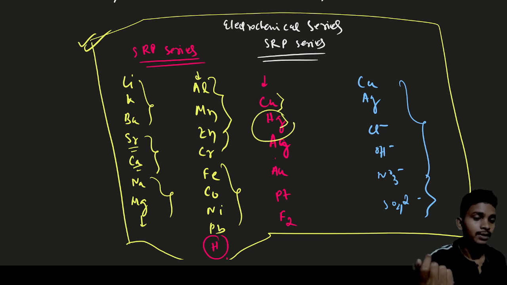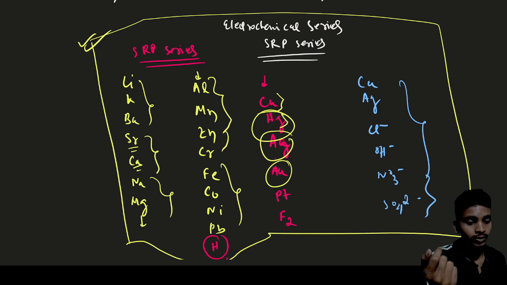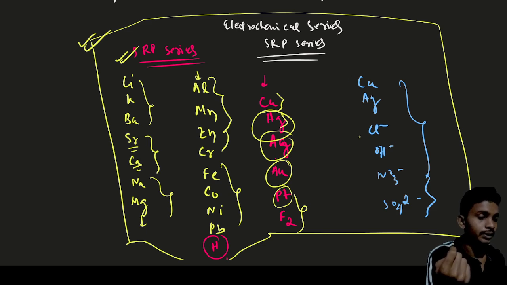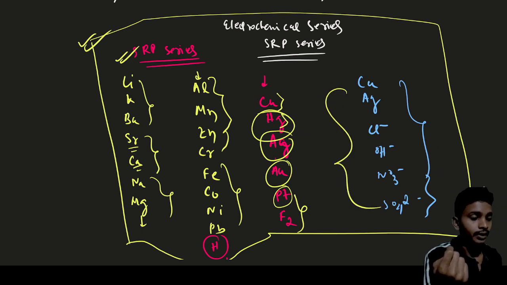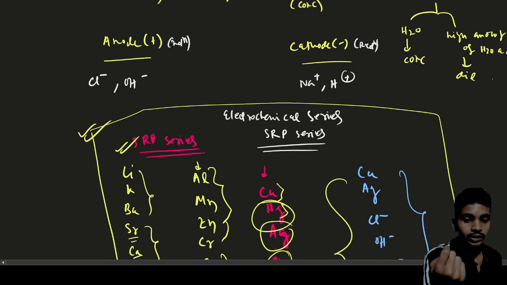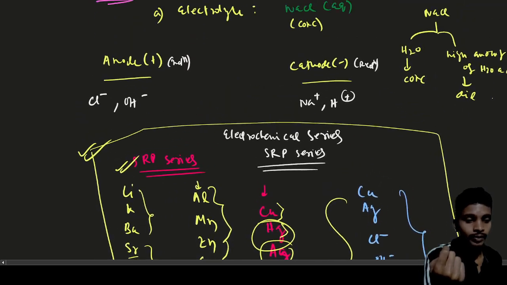After that this Hg will come, and then silver, gold. Silver is less price, after that gold, then platinum, then F2. So like this we can remember the electrochemical series. And for ions, copper, Ag, Cl minus, OH minus, NO3 minus, SO4 minus, these we have to remember like this.